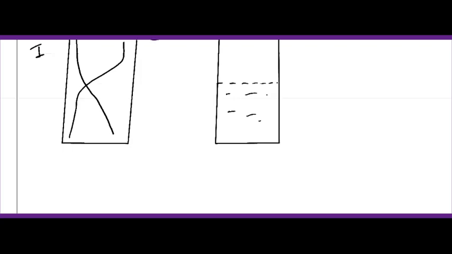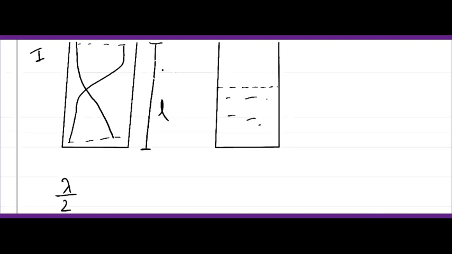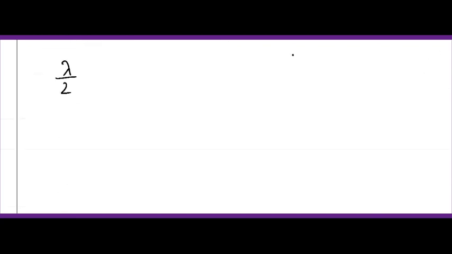If we assume that this length is L, then, as we know, this is an antinode and this is also an antinode, and the distance between the two antinodes is lambda by 2. Since the distance between the antinodes here is equal to L, lambda by 2 will be equal to L, and from here we get lambda is equal to 2L.